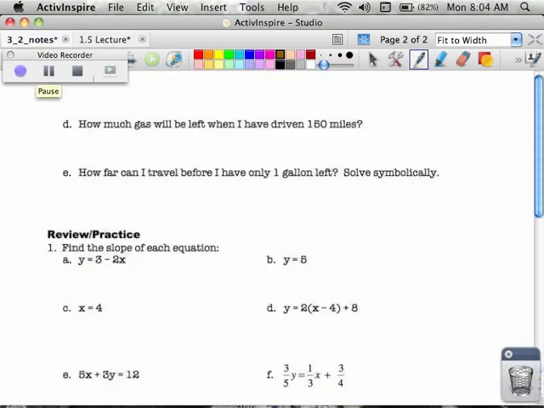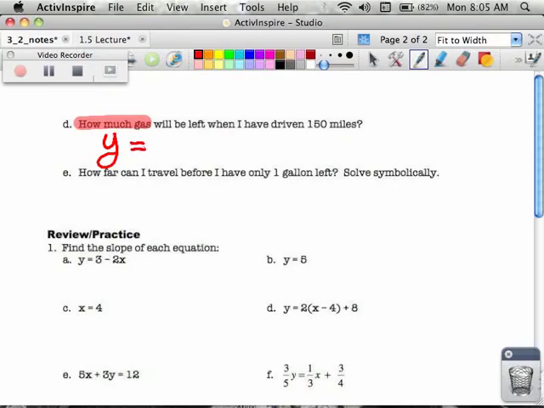So this next part of the same question is saying, okay, well then how much gas do I have when I drove 150 miles? So the amount of gas that you're talking about here is talking about the y value. That's how much gas will be left in your tank. I don't know yet.